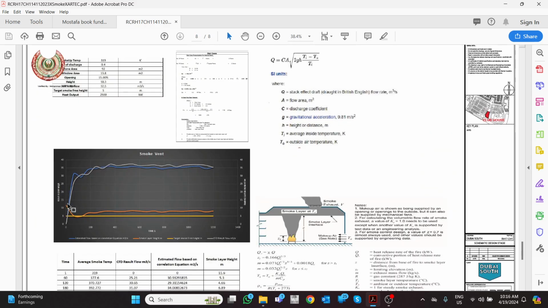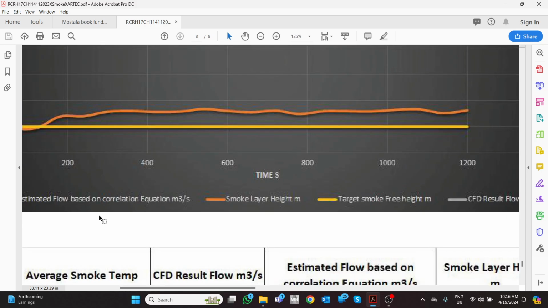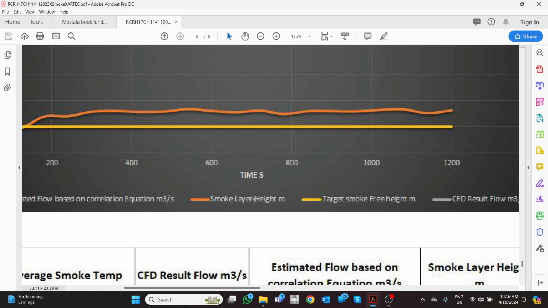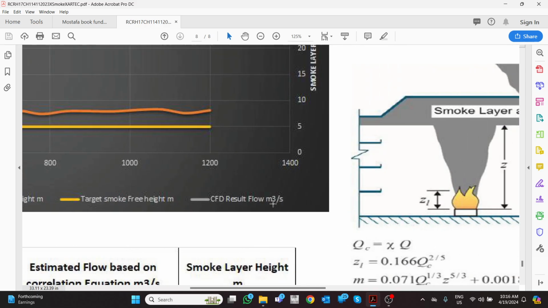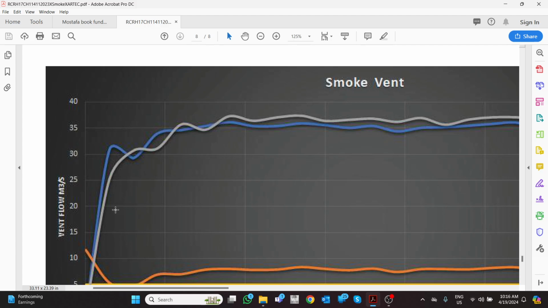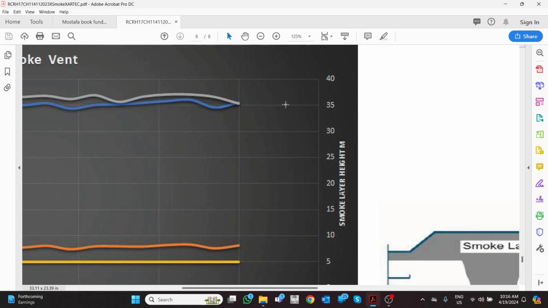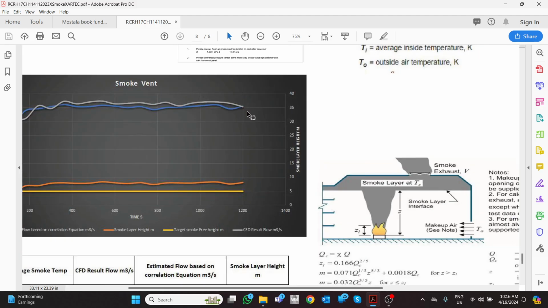The flow is estimated based on correlation and smoke layer height. This is the CFD result, so you can see it starts like this, then reduces, then starts to oscillate until it reaches a certain level.